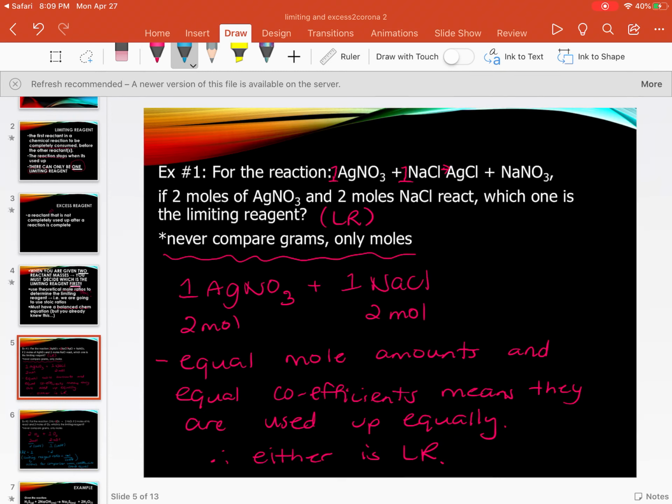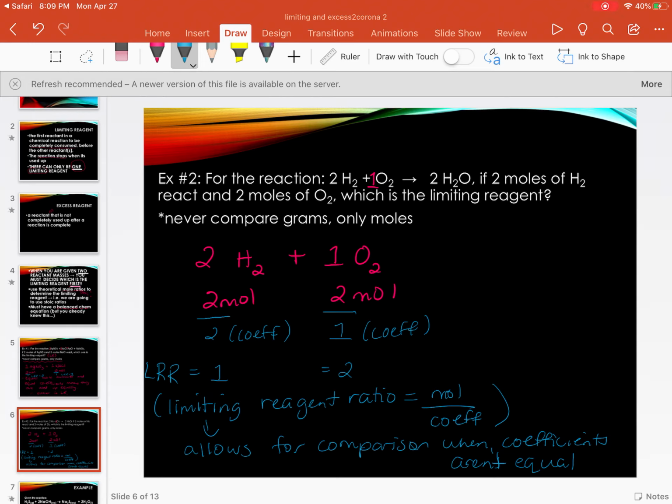Okay, so back here, we could have done it, right? We could have divided by the coefficient of 1, and we would have gotten the same answer still. So when you have the same coefficients and same mole amounts, that is very, very straightforward. But here we don't. So now once you look at the limiting reagent ratio, you can say, oh, well, they aren't equal, because every reaction requires double the amount of hydrogen to occur.